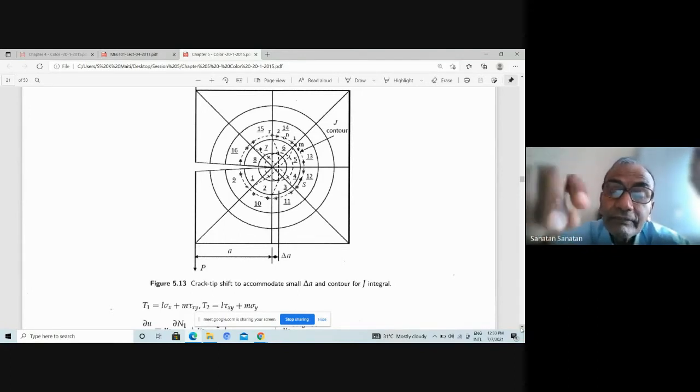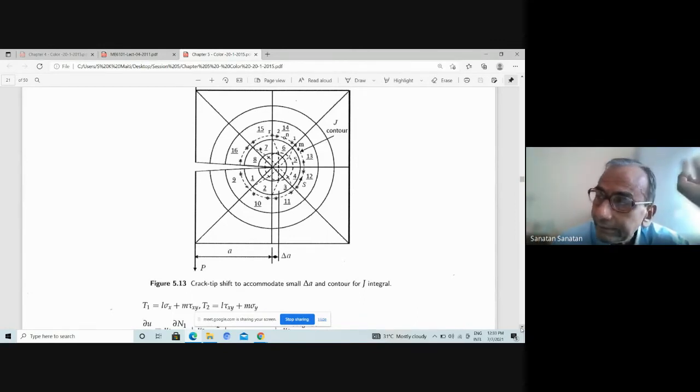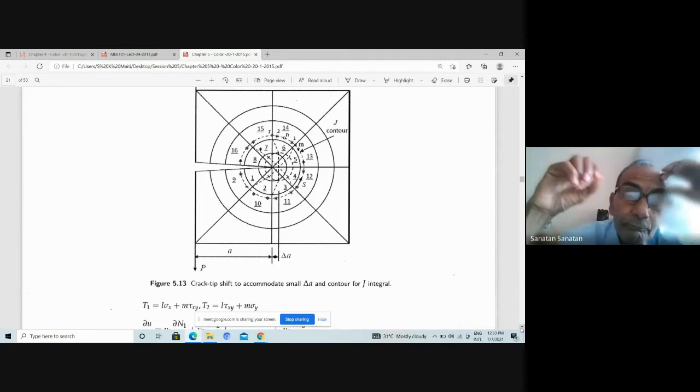If these are 8-noded elements, then they will have 4 Gauss points lying within each element, and they will be lying on arcs at a finite distance from the crack tip. Therefore I can take a circular contour starting from the bottommost point on the crack face to the corresponding topmost point on the crack face.